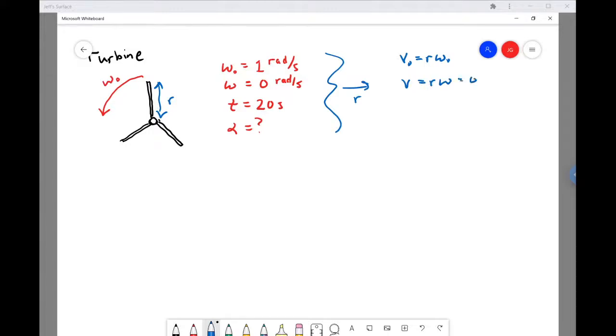Well, that's going to be 0. It comes to rest. t is t. No change there. And then the acceleration is going to equal r times alpha. So r is the proportionality constant between these angular, rotational quantities and these linear quantities.